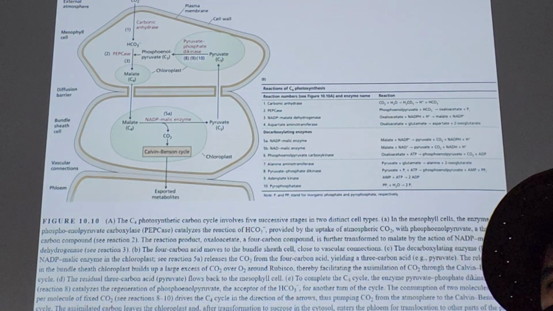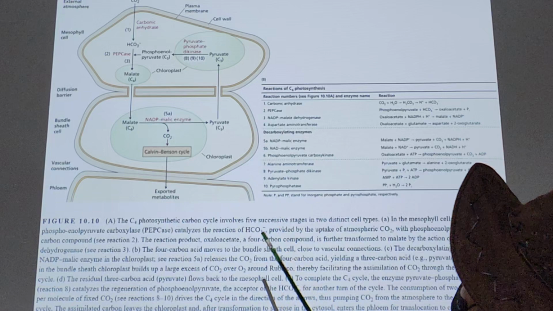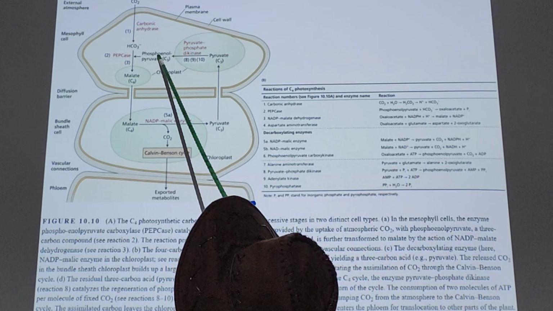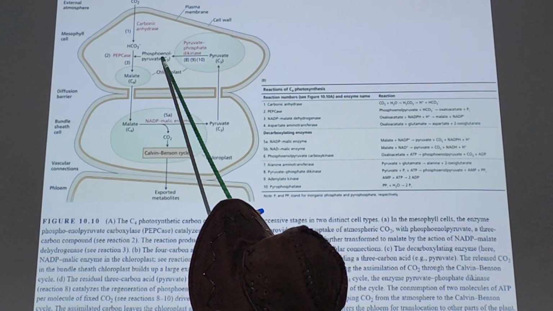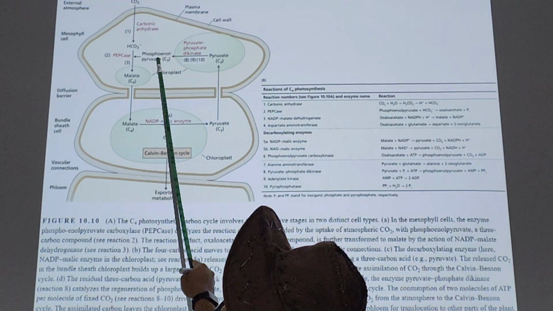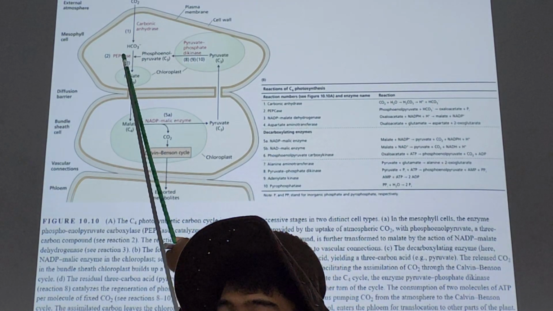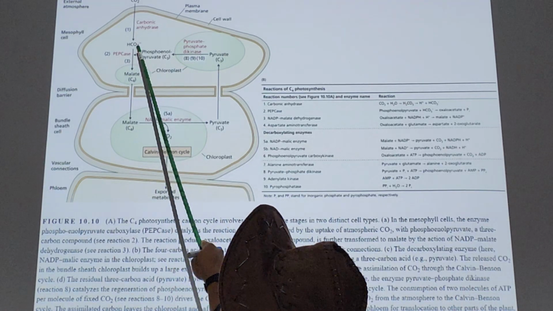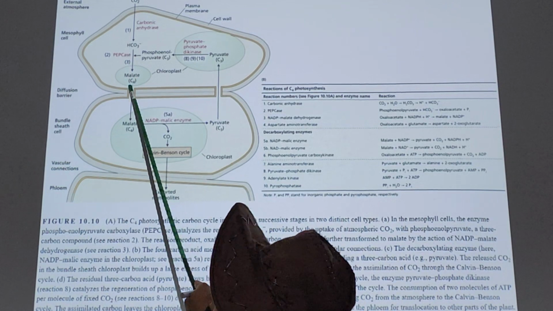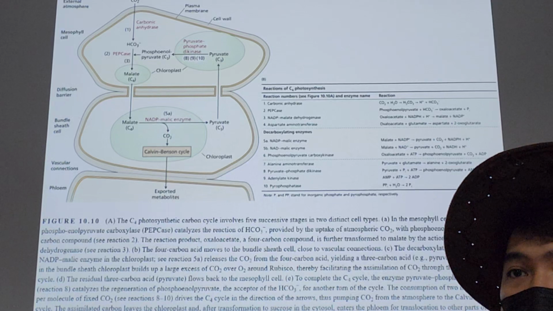This is very crucial because this bicarbonate ion is the one that is going to react with a special 3-carbon compound called phosphoenolpyruvate. This phosphoenolpyruvate is not a sugar precursor, it's just a 3-carbon compound that is going to capture the CO2 in the form of bicarbonate ion to form malate. 3 carbon here, 1 carbon here, you get 4 carbon. This is why it is called C4 metabolism, right?